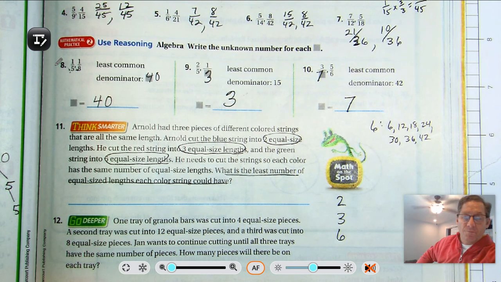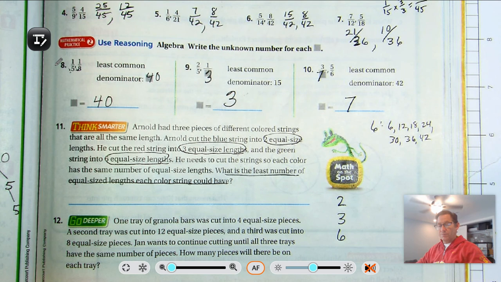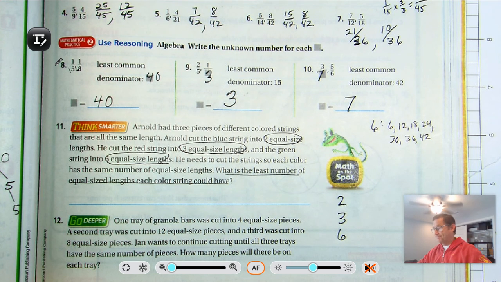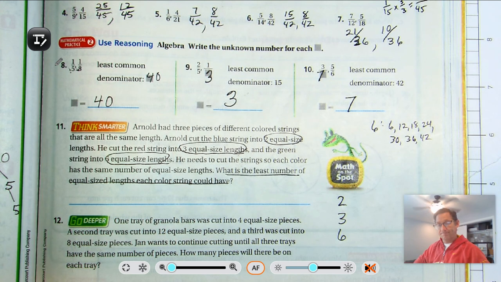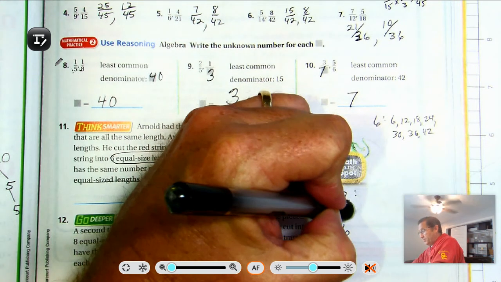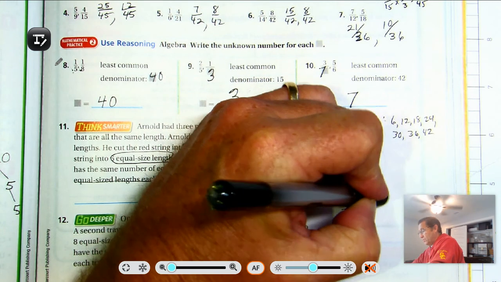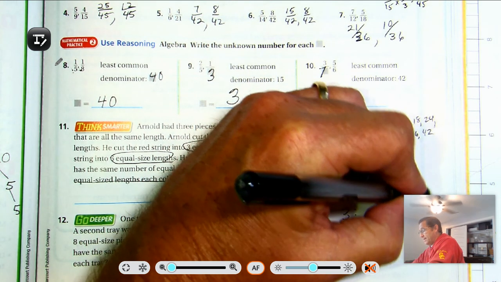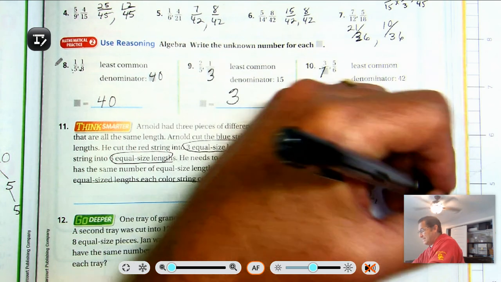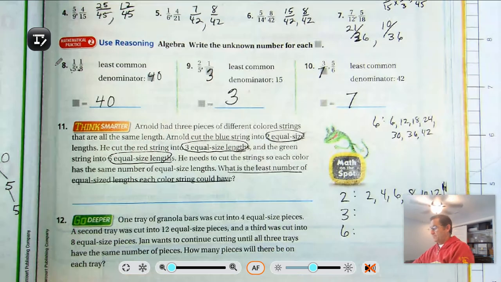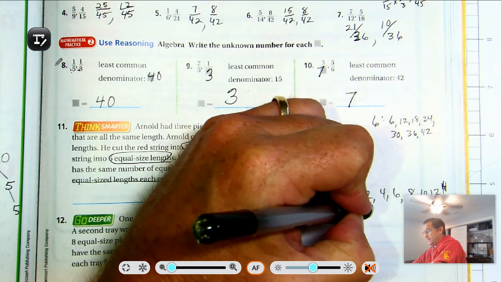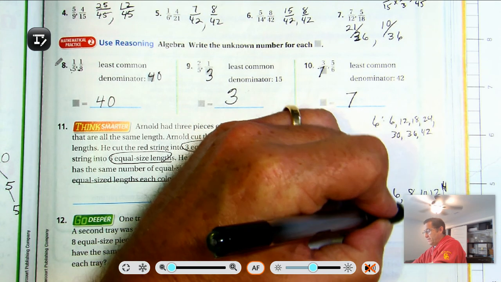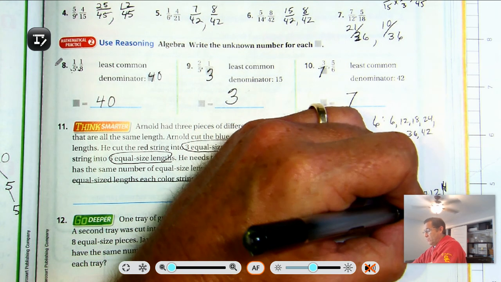Well, basically we find the least common multiple of these. That would be our answer. So how can we find the least common multiple of 2, 3, and 6? Just by making a list, right? So let's start with 2. 2, 4, 6, 8, 10, 12, 14. Okay, 3. 3, 6, 9, 12, 15, 18, 21.